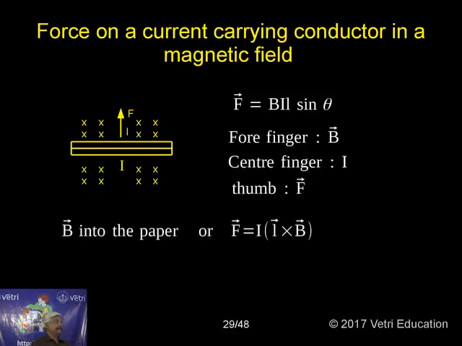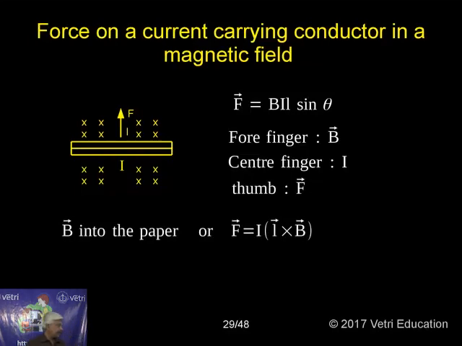So this is the magnitude of the force. The direction can be represented by the left hand rule. The forefinger directs the magnetic induction, the center finger directs the flow of current, and the thumb indicates the motion of the conductor or force. This is the direction of the force.